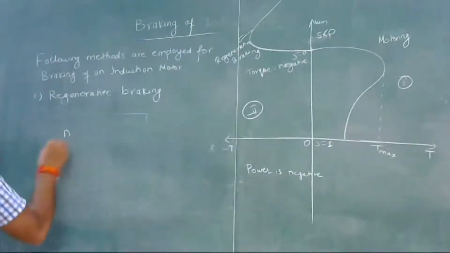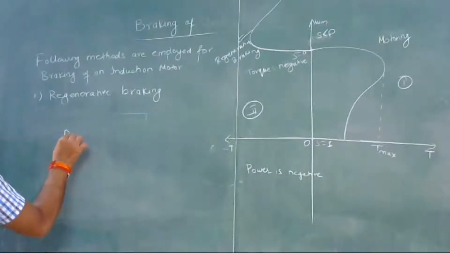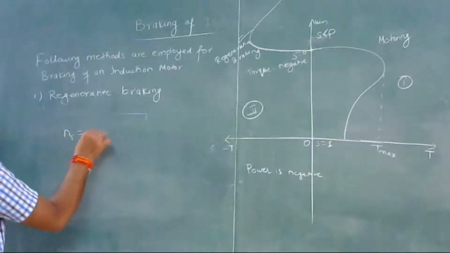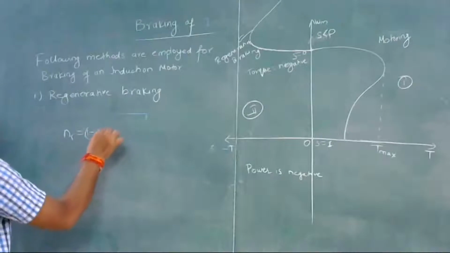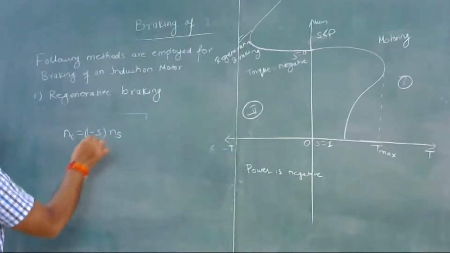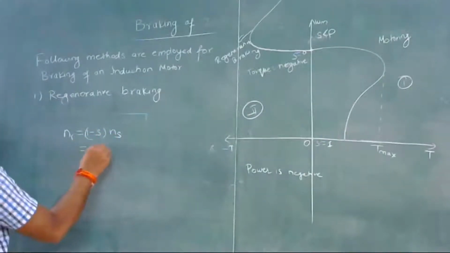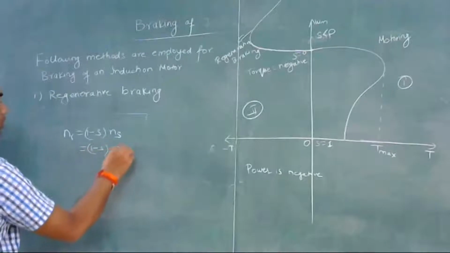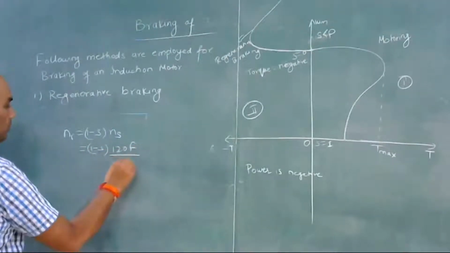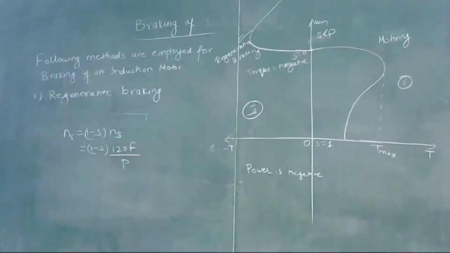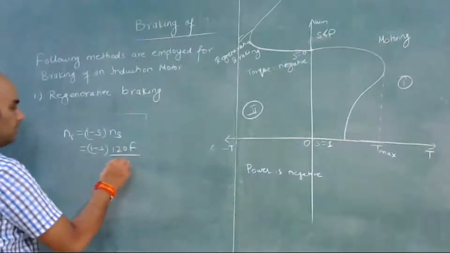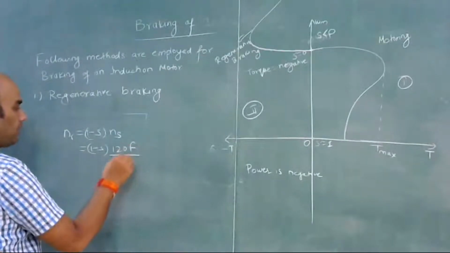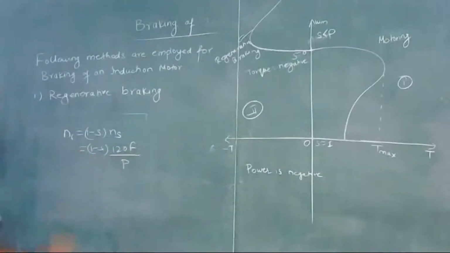We know the relationship between rotor speed: Nr is equal to (1 minus s) into Ns, and Ns is equal to 120 f upon P. So by changing frequency and number of poles, we can change the speed.